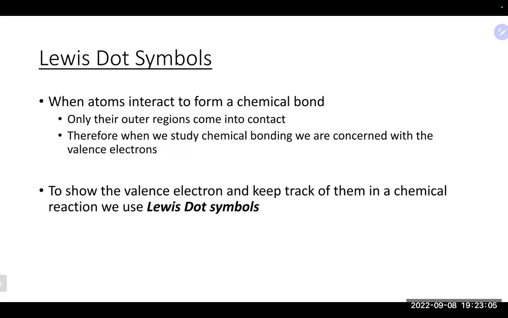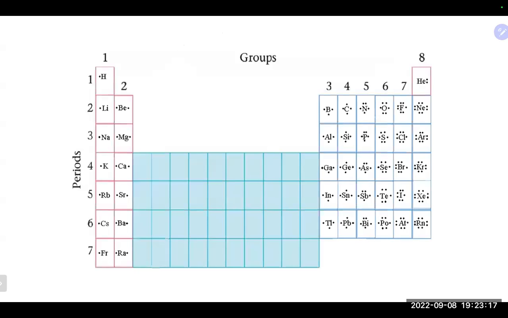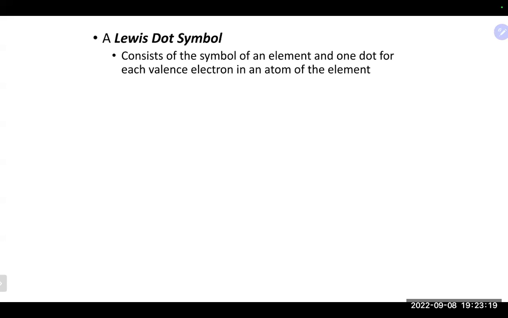So when we use Lewis dot symbols, we use the symbol and we use a dot to represent each of the valence electrons that a particular atom has. It's important to remember that although in the Lewis dot symbols we just use dots to represent the valence electrons, each of these atoms obviously has those other core electrons that are still there.